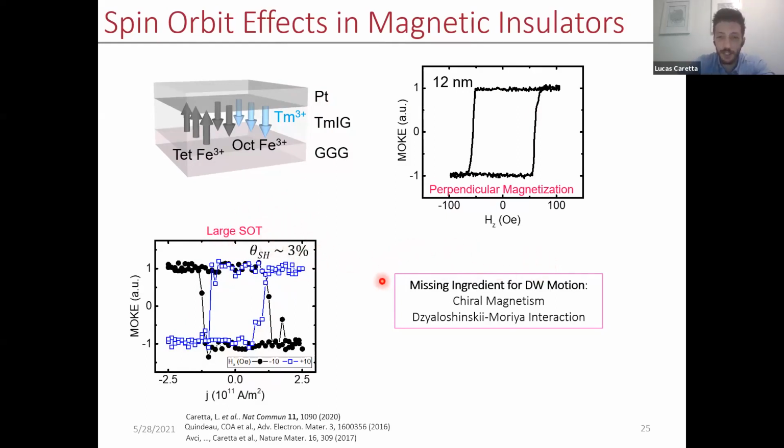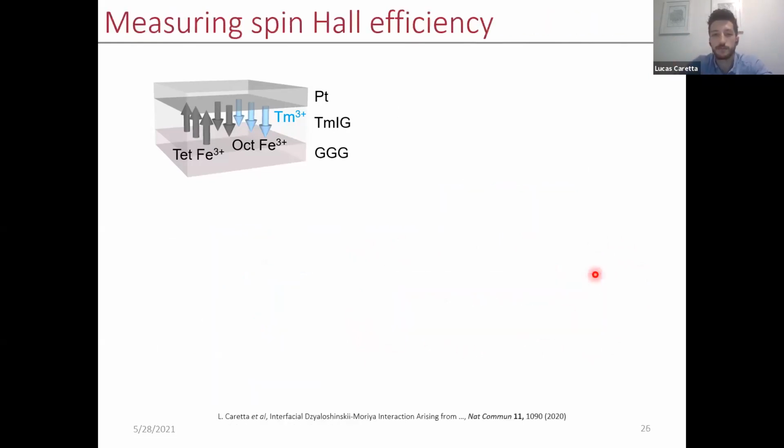However, the missing ingredient for domain wall motion in these systems has really been the stabilization of these special types of Néel domain walls. So really, the lack of DMI in these material systems has been hindering the current-driven propagation of domain walls in these materials. And so this is what we set out to look for in these material systems.